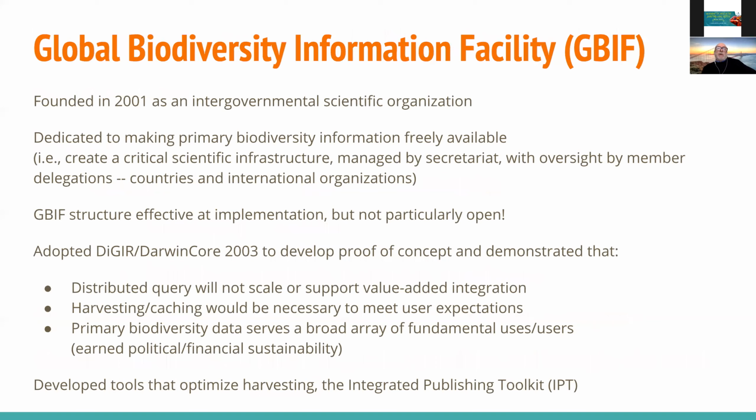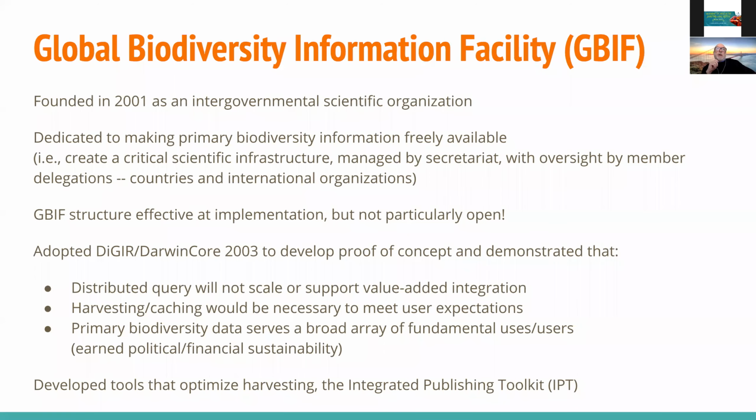So in the late 90s, there were some people from the science management world, administrating funding agencies and things like that, who really got together and understood that the biodiversity world needed to pull information together, and this was not going to be something that could be done on a volunteer basis.